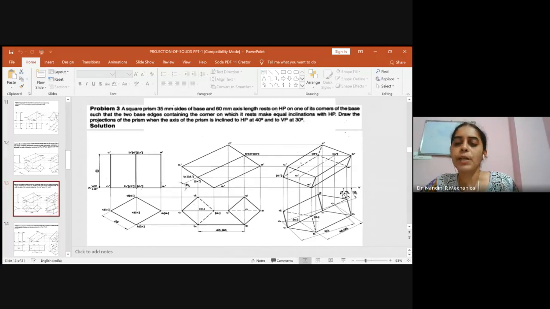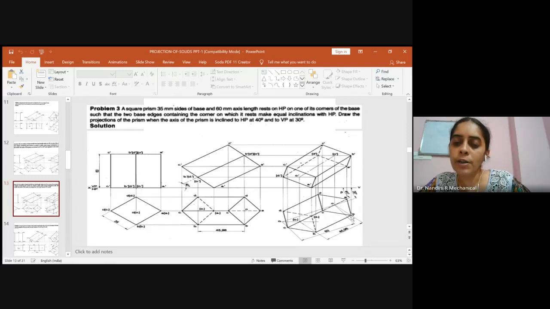So once you have joined, we need to construct the remaining part. For that we need the parallel lines. Because the top surface and the bottom surface are parallel to each other, we need the longer edges which are drawn parallel to the axis. So from this corner D, you will draw a parallel line to the axis line, that is the apparent angle line.